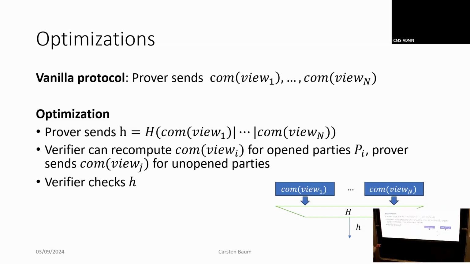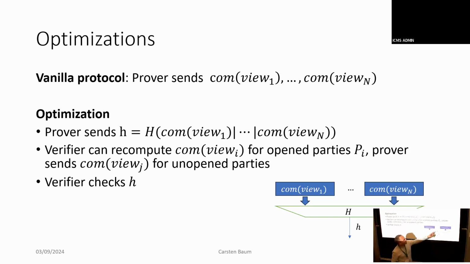Well, I'm going to reveal to you n-1 of these views. You can recompute these commitments. I don't have to give them to you. You can recompute them once you have the views of all of these parties. So instead of sending all the commitments, I just send you a short hash. And for all parties that are opened, you just locally recompute the commitment yourself.